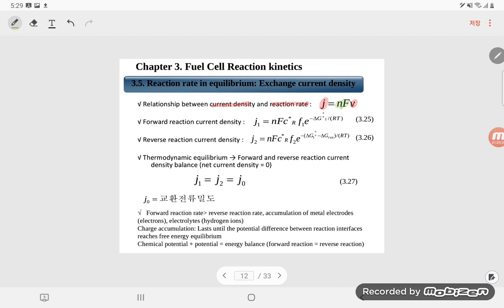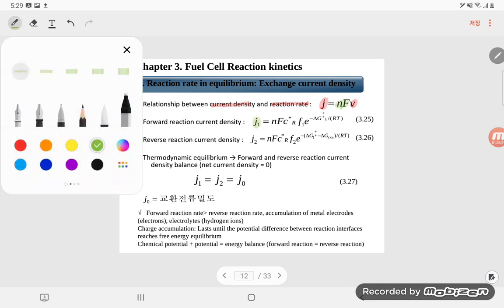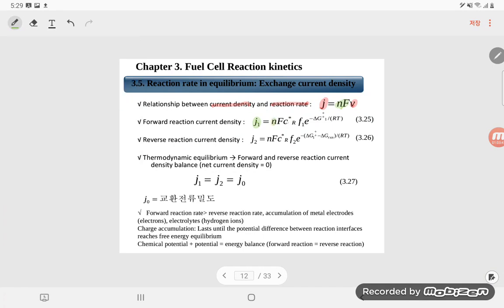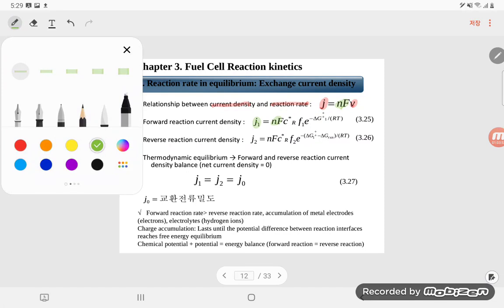Then the forward reaction current density is expressed in this form, with nF in front of the reaction rate.